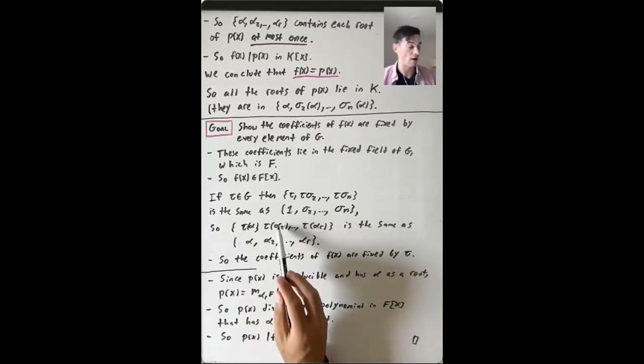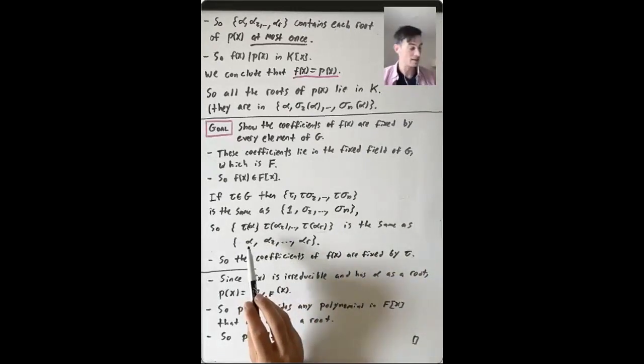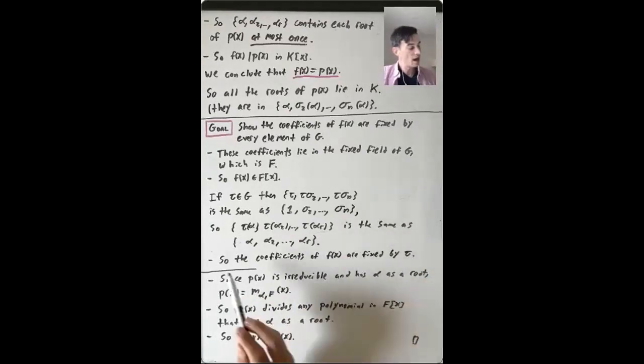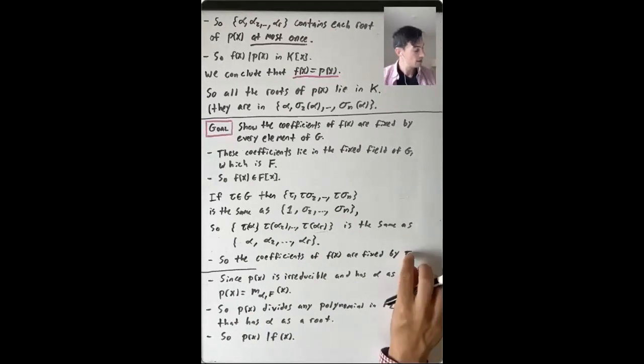Tau alpha 2 up through tau alpha r is the same as alpha, alpha 2 up through alpha r. And if you now think about what the coefficients of f of x are, when you just multiply out all those linear factors, you'll see that this means that the coefficients are fixed by tau.